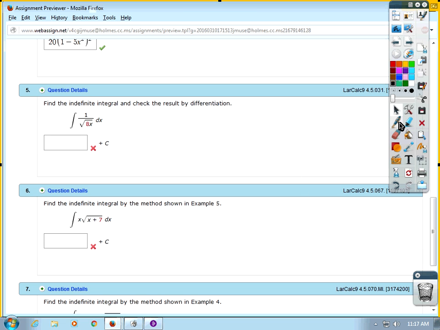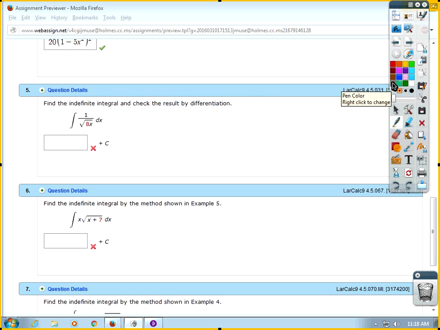Okay. Number 5, we have 1 over the square root of 8x. So I'm going to let u equal 8x. du would just be 8 dx. So I need an 8.